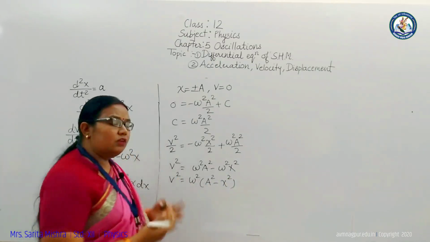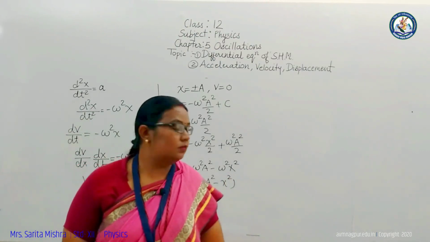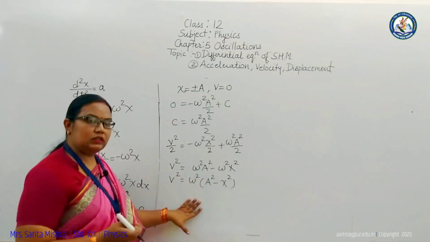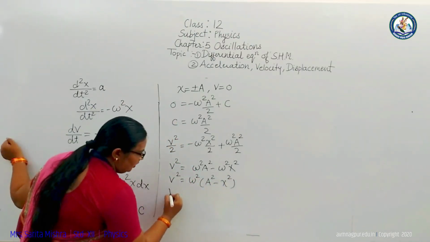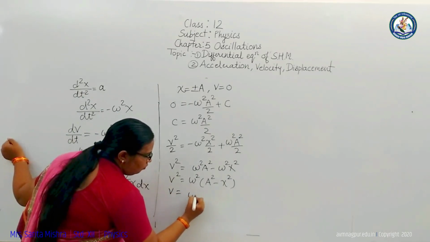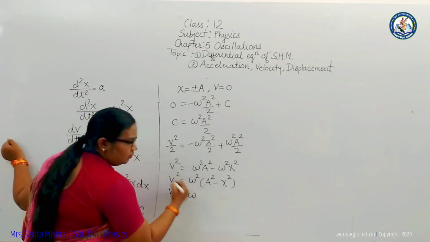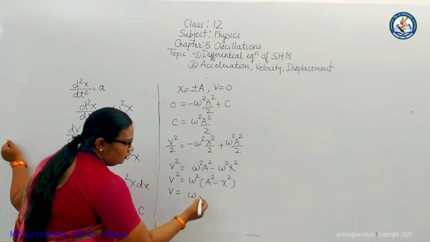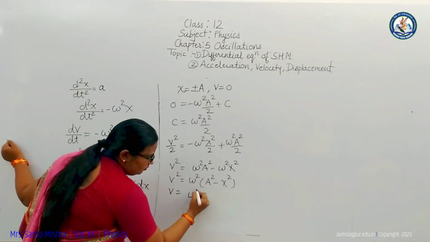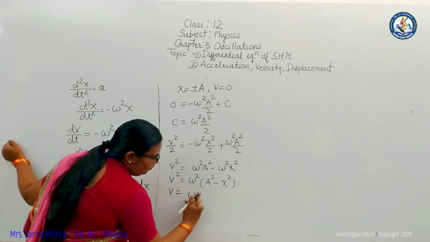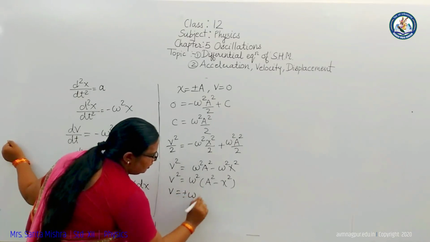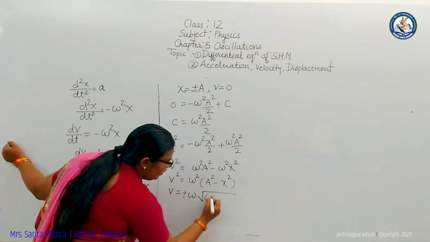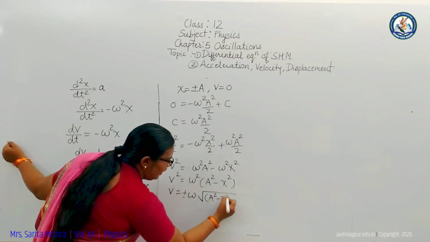But we want the value of v, so we take the square root. v equals plus minus omega times the square root of a square minus x square.